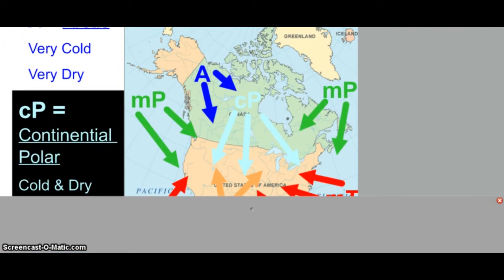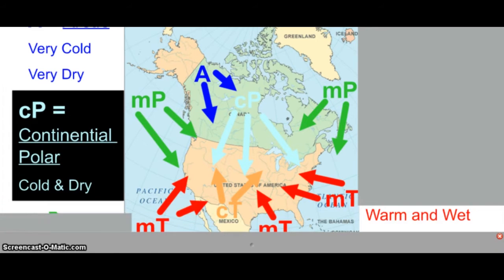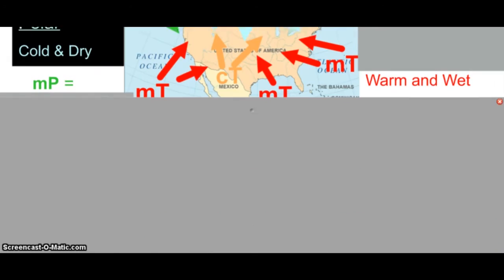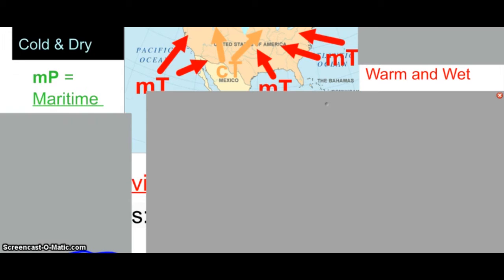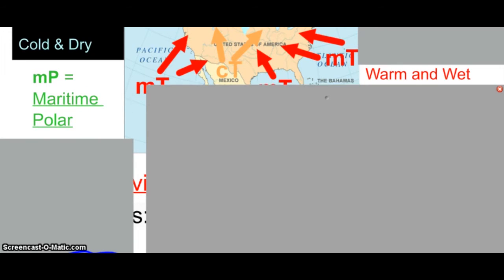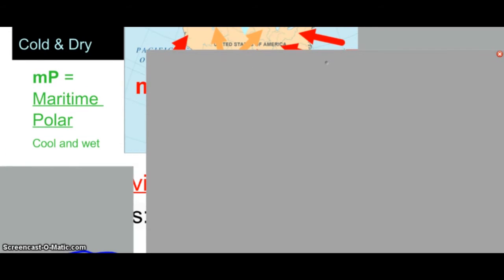The last one you see on the screen, MP, right here. Now, is this going to be as dry as the first two? No, it's not. MP stands for marine or maritime polar, and those are just cool, but they are wet.